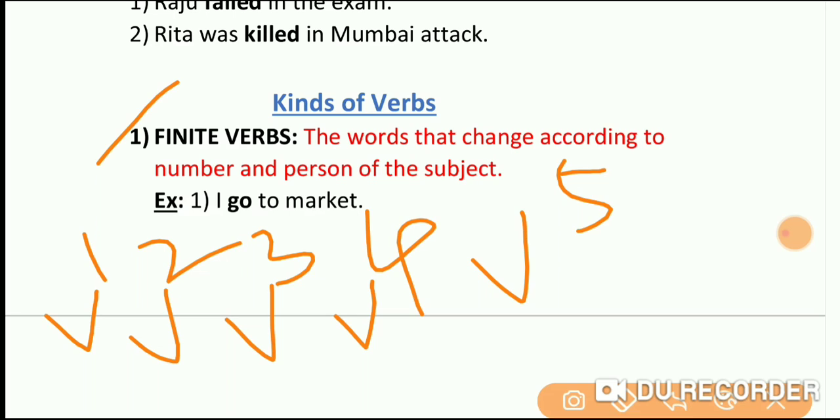V1 is used after first person, first person plural, second person singular, second person plural and third person plural. And V5 is used after third person singular in simple present tense with S form. Go, went, gone, going, goes.